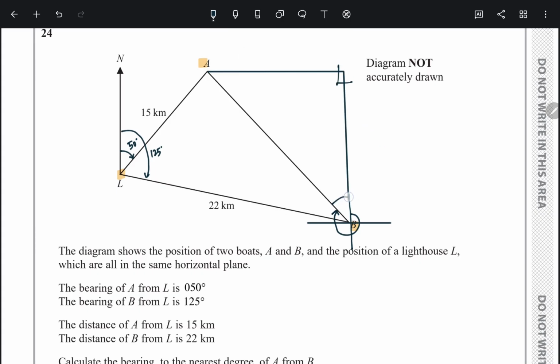And if we can find this angle theta, the bearing is going to be 360 degrees minus theta. Let's call this point M.